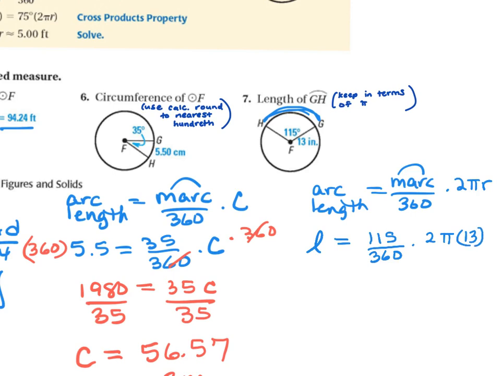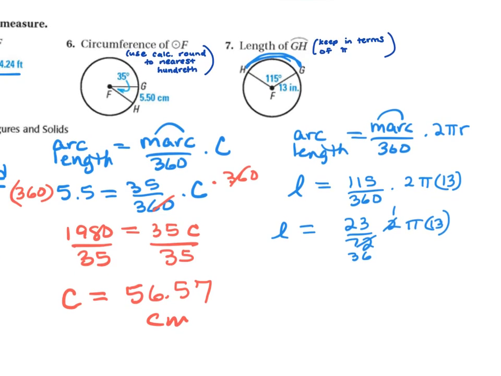So I could go ahead and simplify my fraction. I could reduce this to 23 over 72, times 2 pi times 13. I could simplify the 2 and the 72, make it 36, and then multiply what remains.